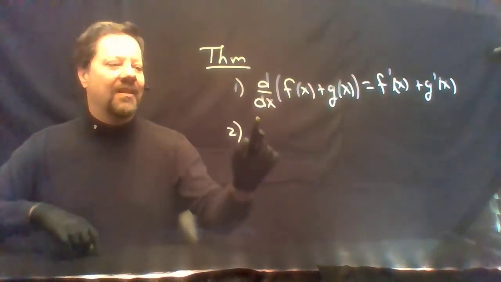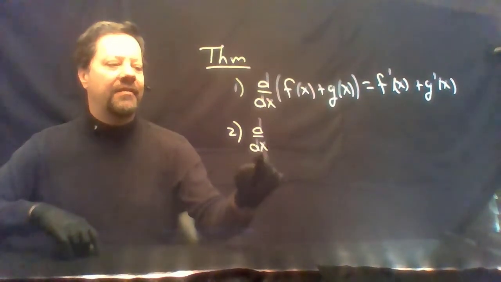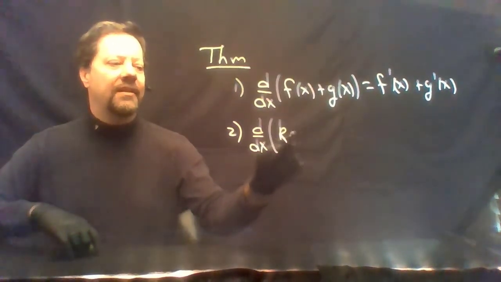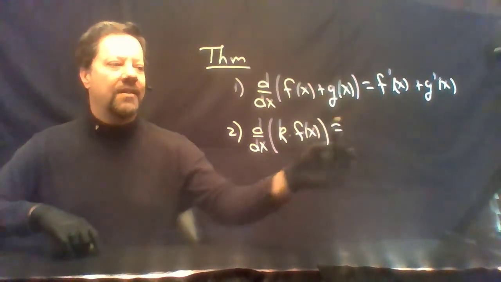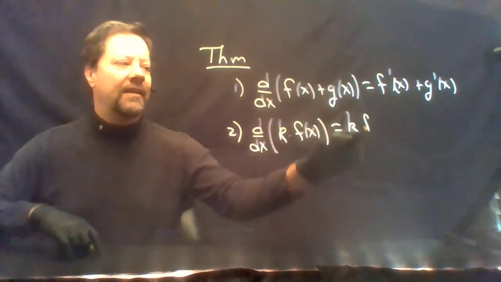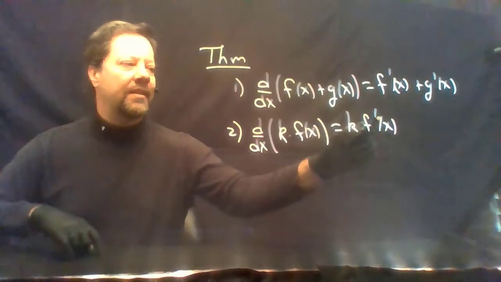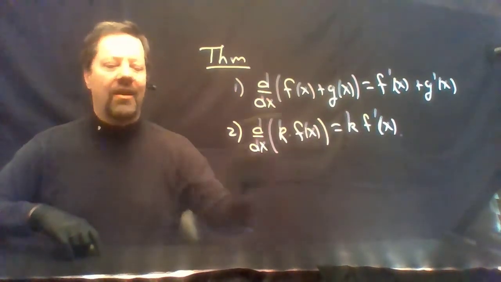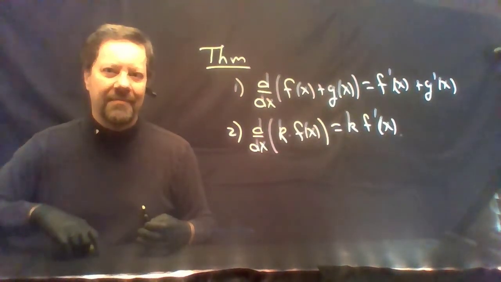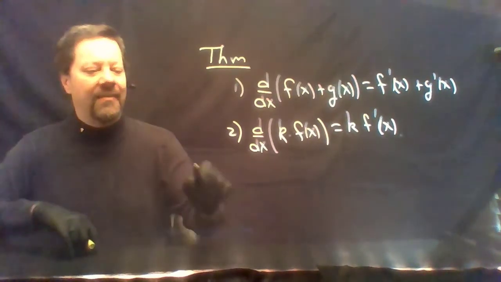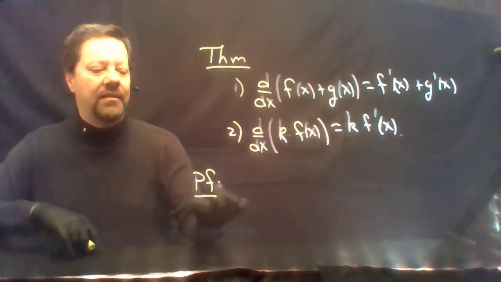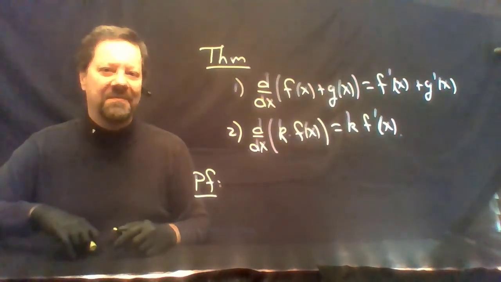Second, if you take the derivative of a constant times a function, this constant factor can come out of the derivative process and be multiplied onto that function. These 2 properties will be enormously useful. So we'll prove them. Let's prove these.